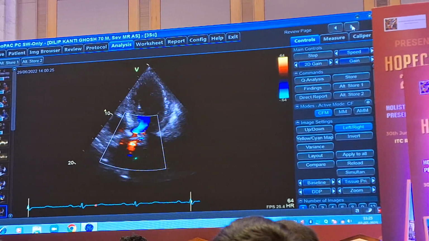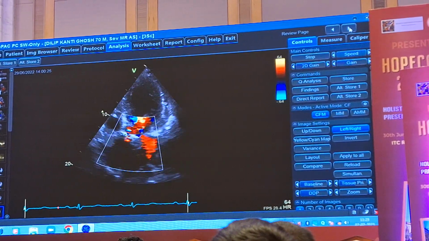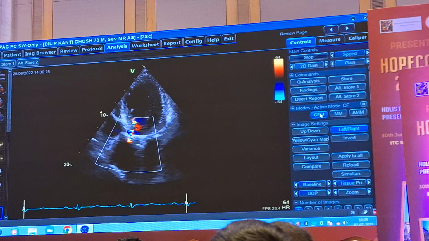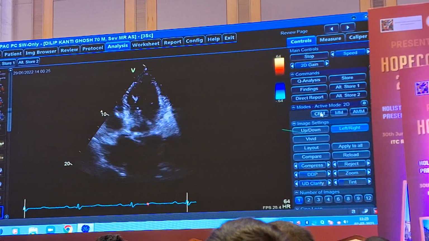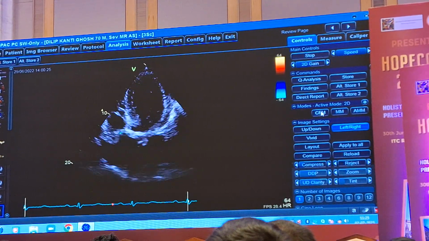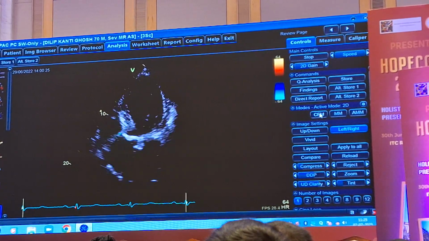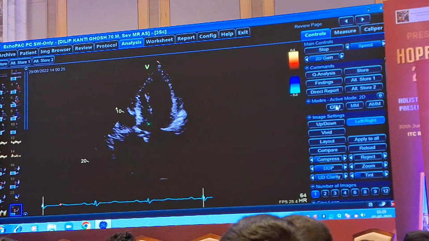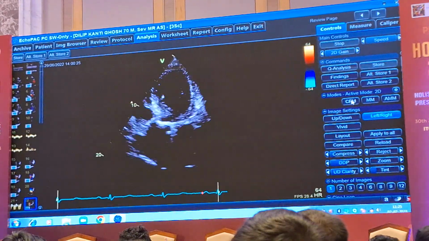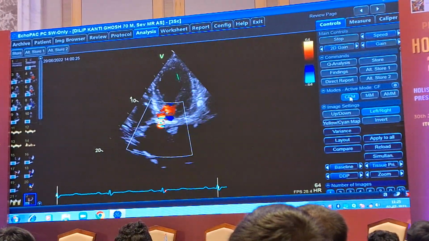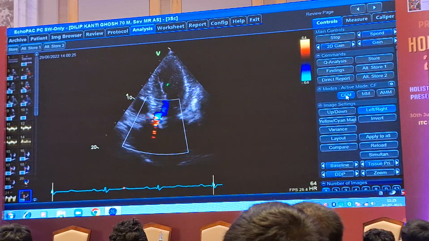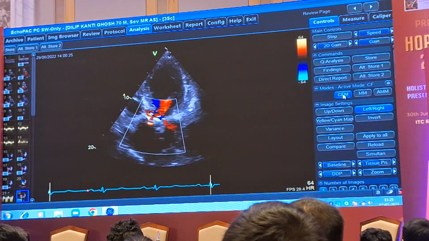There is a lot of turbulence across the aortic valve. Not only that, if I turn off the color, you can see the aortic valve is thickened and fibrosed, even from the apical four chamber view. Now I'm putting the color on. You can see there is a lot of obstruction and turbulence across the aortic valve.